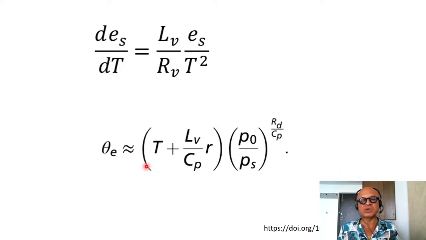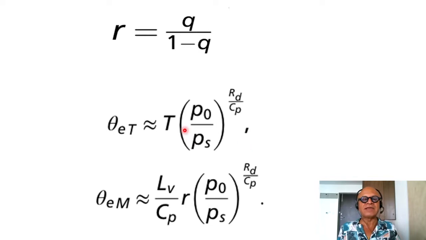nonlinear expression of equivalent potential temperature that depends on in situ temperature and pressure variations, we can write that equivalent potential temperature into a part that depends on just the air temperature and a part that depends on moisture or mixing ratio.